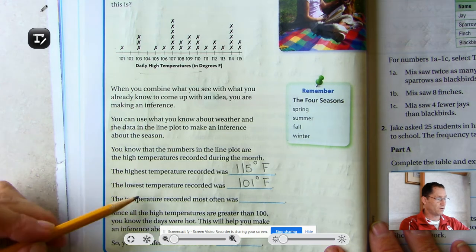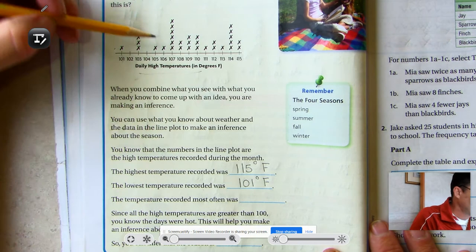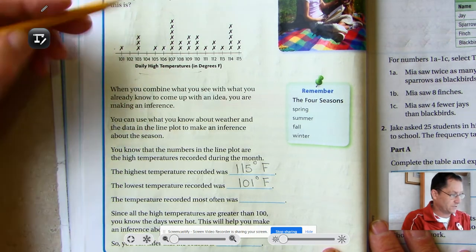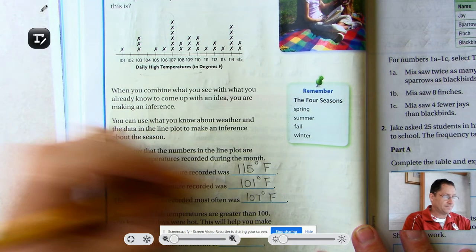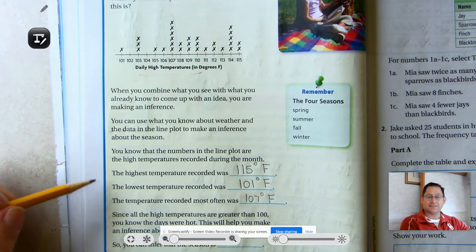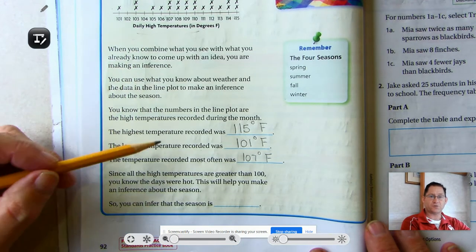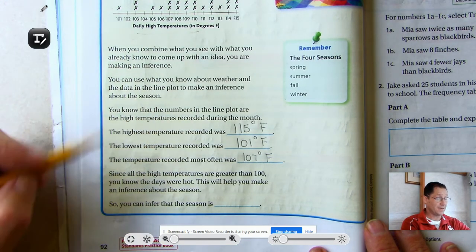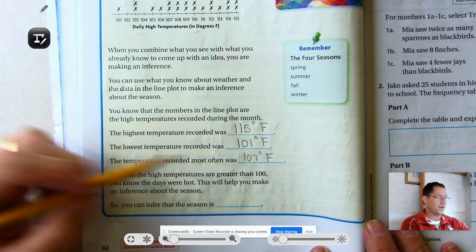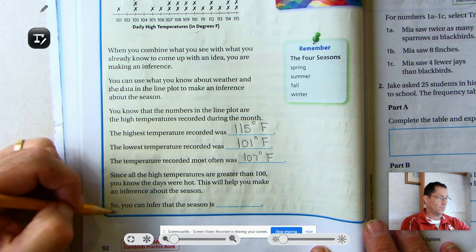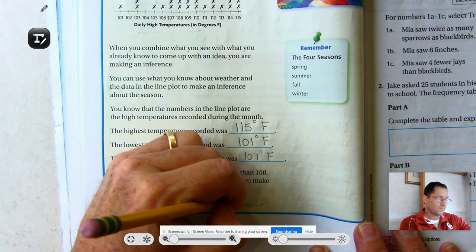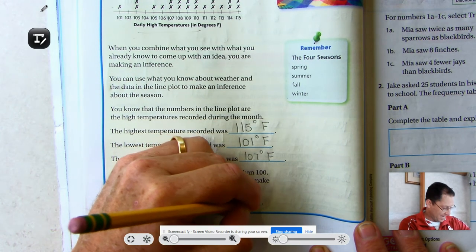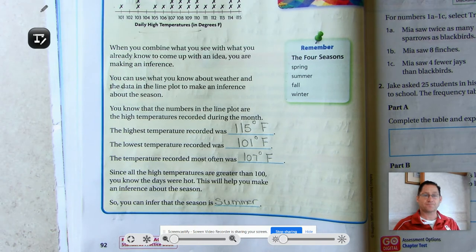And the temperature recorded most often was the one that has the most X's, which is 107 degrees Fahrenheit. And since all temperatures are greater than 100, you know the days were hot. This will help you make an inference about the season. So you can infer that the season is summer. Summer has the warmest temperatures.